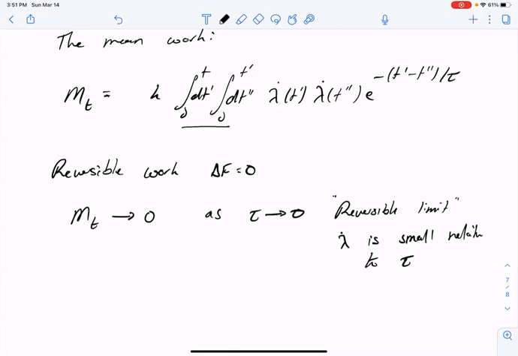So in the limit that we are integrating so slowly that the system is able to keep up with that perturbation, we will recover the reversible work.